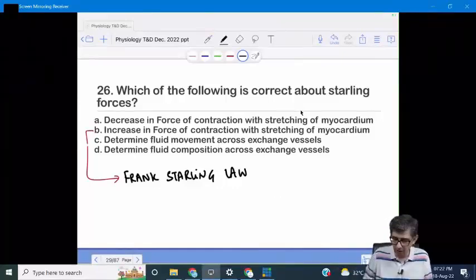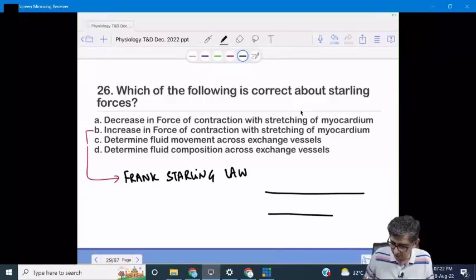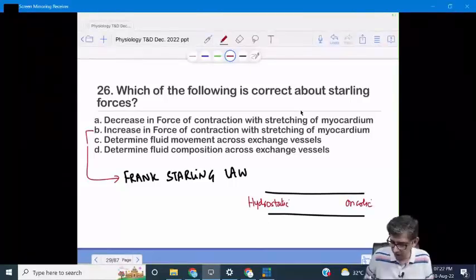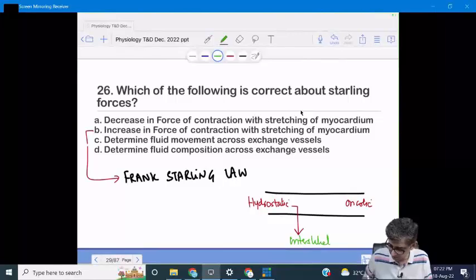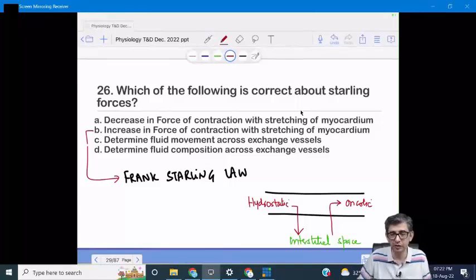Starling forces means that across a blood vessel there would be two pressure heads. One is called the hydrostatic pressure head. The other is called the oncotic pressure head. Hydrostatic pressure will cause fluid to move into the interstitial space. Then the fluid will go back into the blood vessel because of the oncotic pressure.